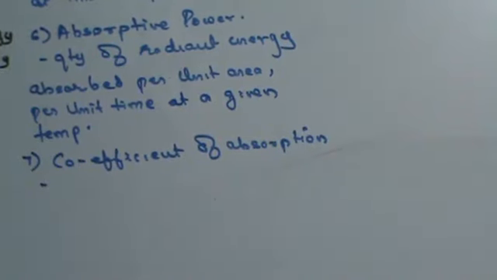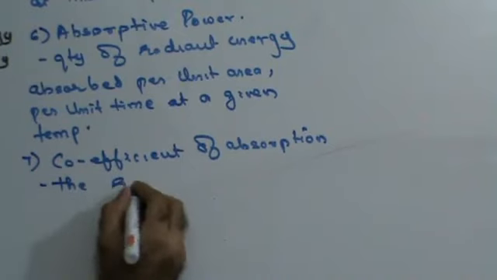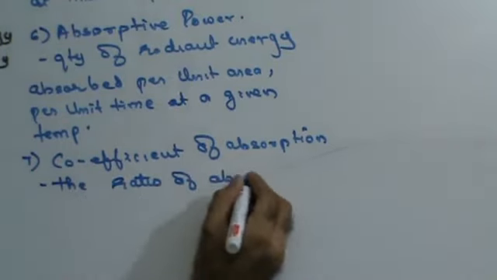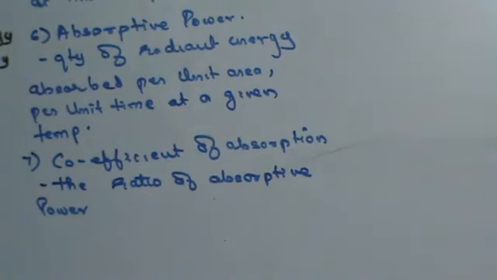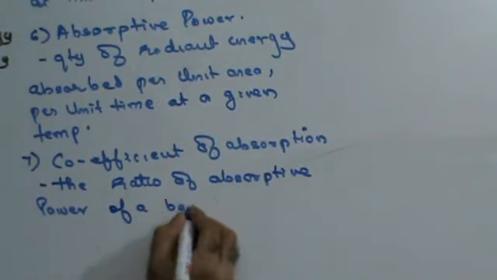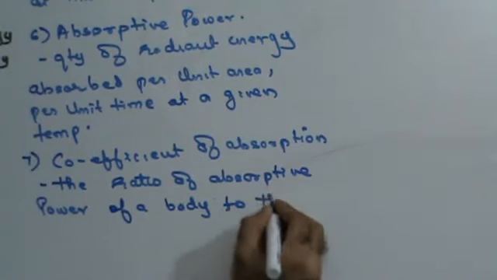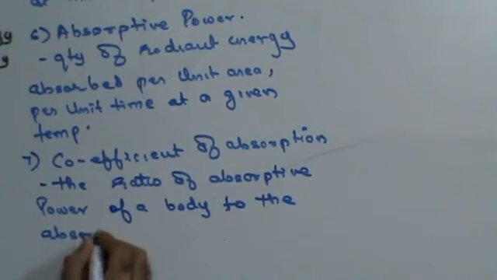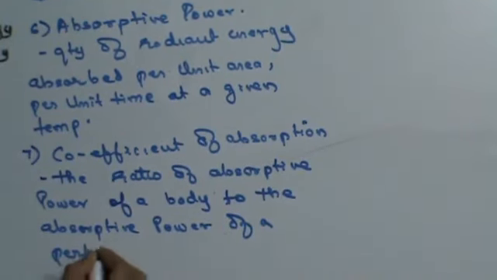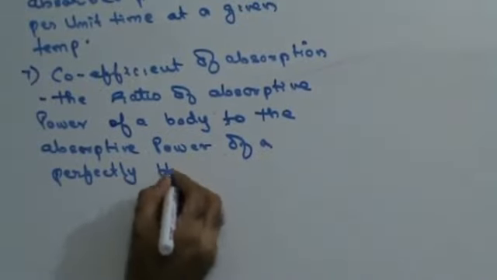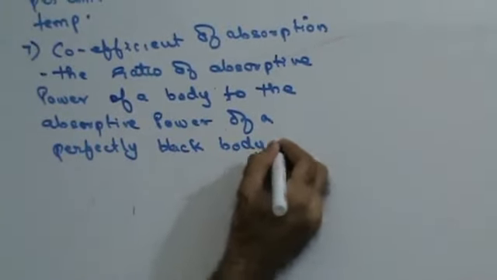Coefficient of absorption is the ratio of absorptive power of a body to the absorptive power of a perfectly black body under similar conditions.